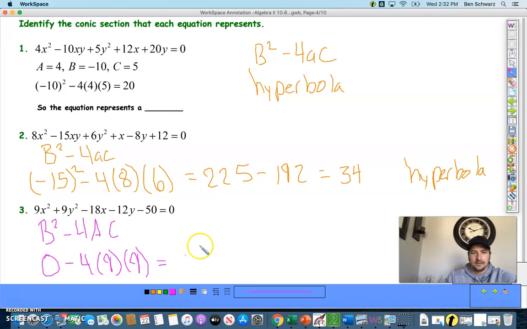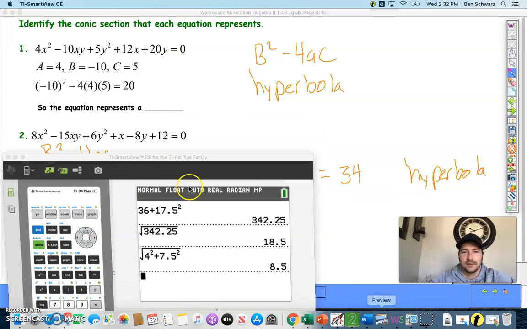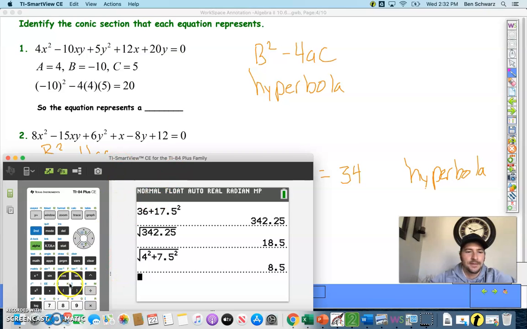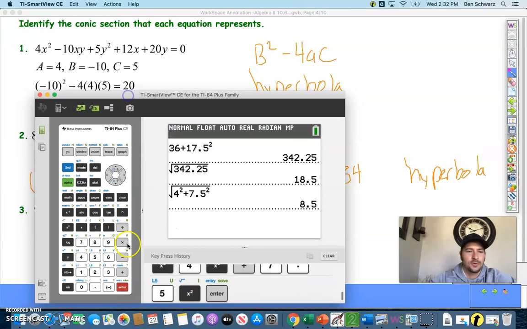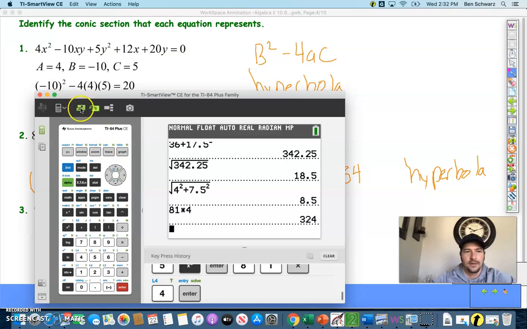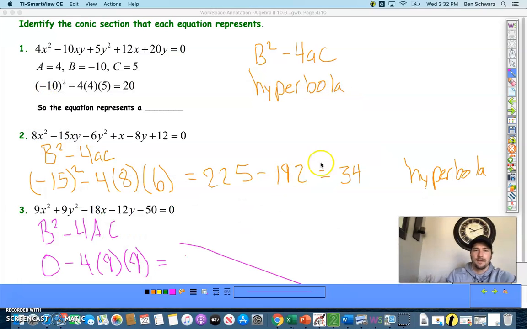Let's see, 80 times 4 is 320. Oh, I better use a calculator just to be safe, or you guys are going to make fun of me if I get it wrong. Let's see. Boom. 81 times 4. I don't know why I doubted myself. 324. Which doesn't really matter because we know it's going to be negative.